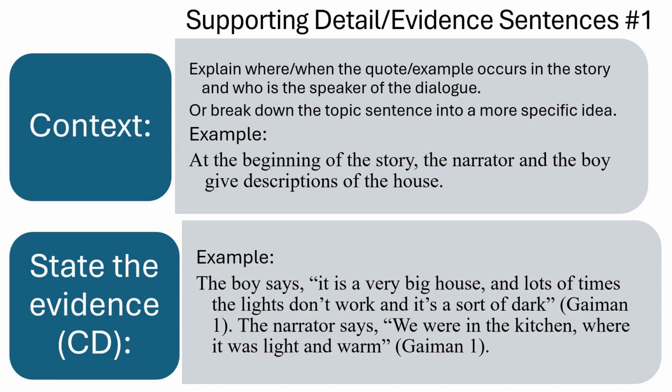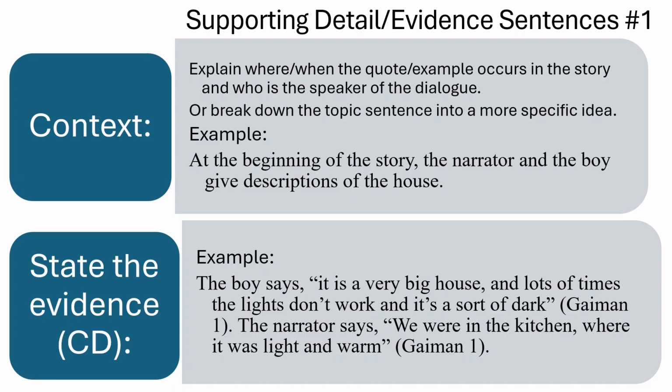However, note that there's a lot of quotation given and it's pretty formulaic. And it's kind of short and choppy. However, you also notice that I include more introductory information by adding who said or provided each description in the story. The first example is written as the boy says is a very big house and lots of times the lights don't work and it's a sort of dark.